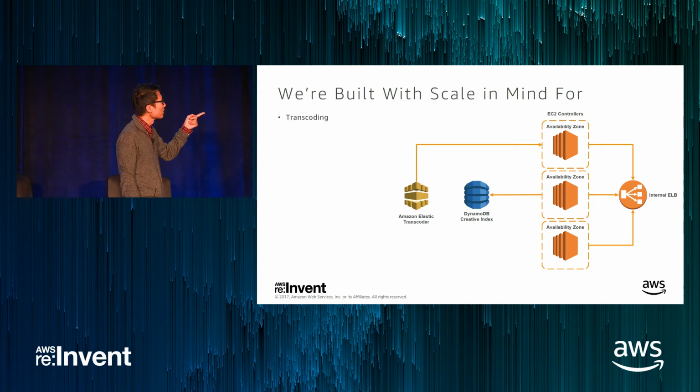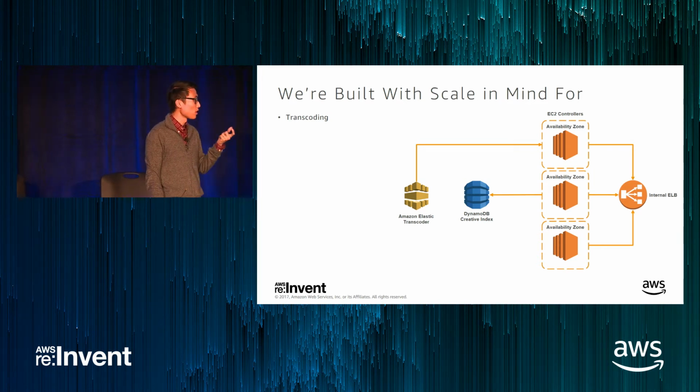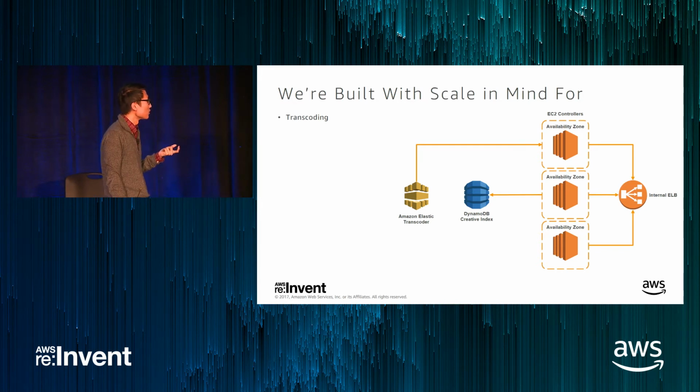We are looking at Dynamo with every call from the client in order to see whether or not an ad creative has been transcoded before. If it has not been transcoded before, we will push our job out to Amazon Elastic Transcoder.